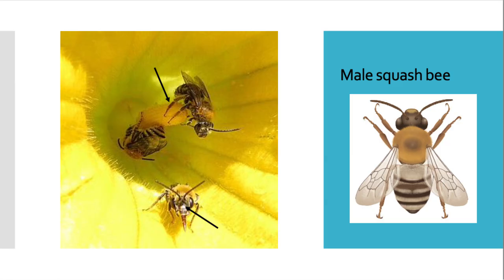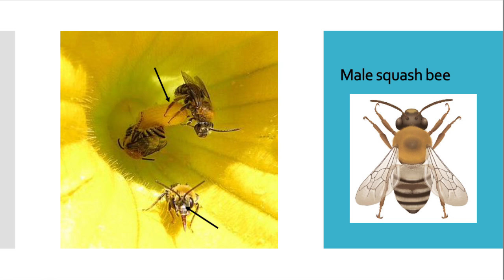So it's kind of important that you understand the difference between them. So this is a male squash bee. These are 3 male squash bees in this flower. So the most important detail to understand when a squash bee is in a flower and looking away from you is whether it has hairy back legs. So here you can see a squash bee, and it does not have hairy back legs. So male squash bees don't end up with pollen pants on them.